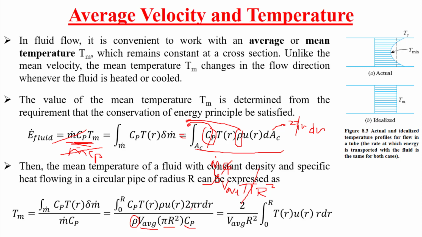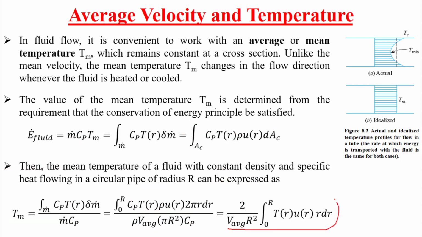In the numerator, we have Cp, temperature profile, density, u(r), 2 pi r dr. So Cp cancels out, as I mentioned, with Cp, rho cancels out with rho, pi cancels out with pi, and we end up with T remaining inside the integration, u(r) and r dr. So this is temperature profile, velocity profile, r dr, divided by r squared and V average, and we'll take 2 outside the integration.